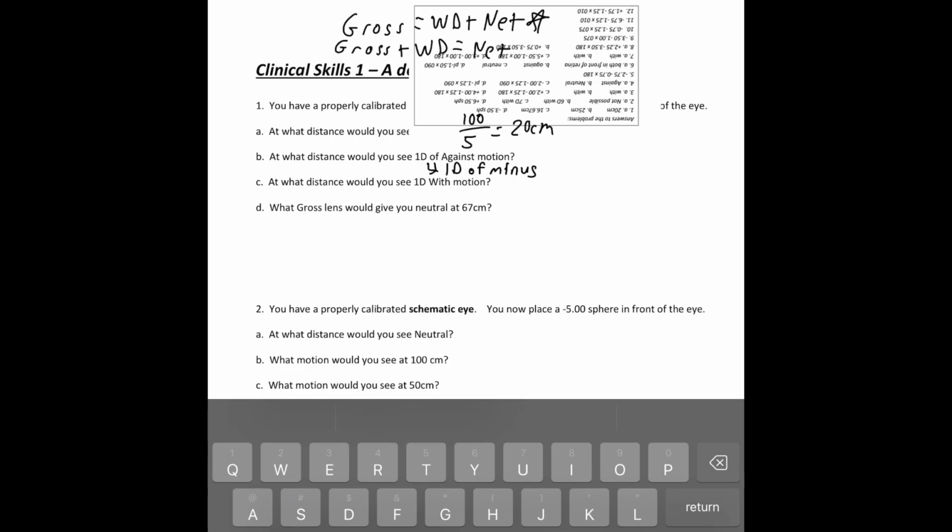When you flip the formula in this way, so instead of making gross equals working distance plus net, if we switch that to gross plus working distance equals net, then you can just use the sign of whatever you're taking out. So what I mean by that is, if we use the usual formula, and your working distance is like 20 centimeters, working distance would equal +5 in this formula.